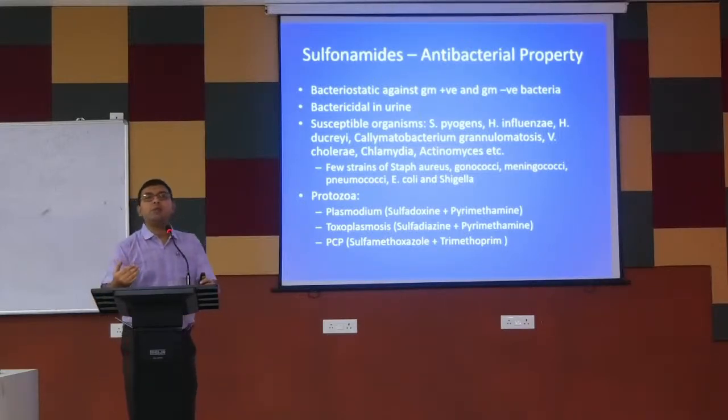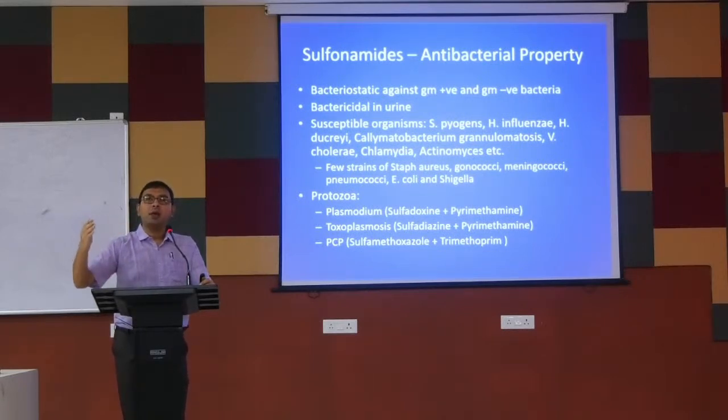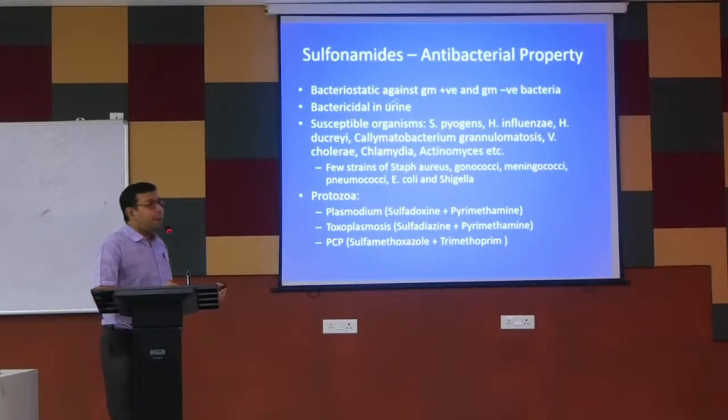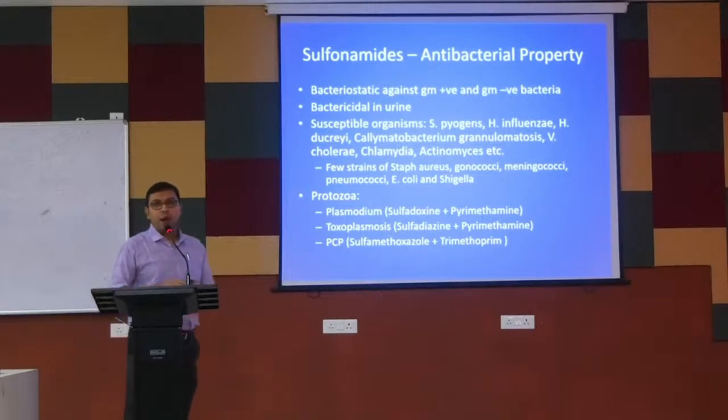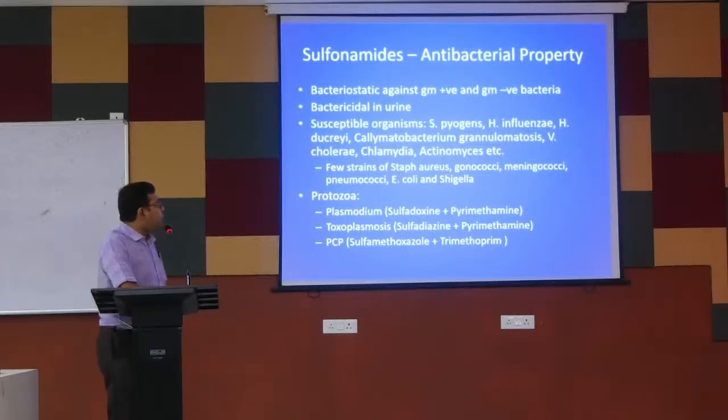In some antimicrobial agents, different doses can be bacteriostatic or bactericidal. Basically it is bacteriostatic, but it can attain a bactericidal concentration in urine. That's why sulfonamide is very good for treating urinary tract infection.